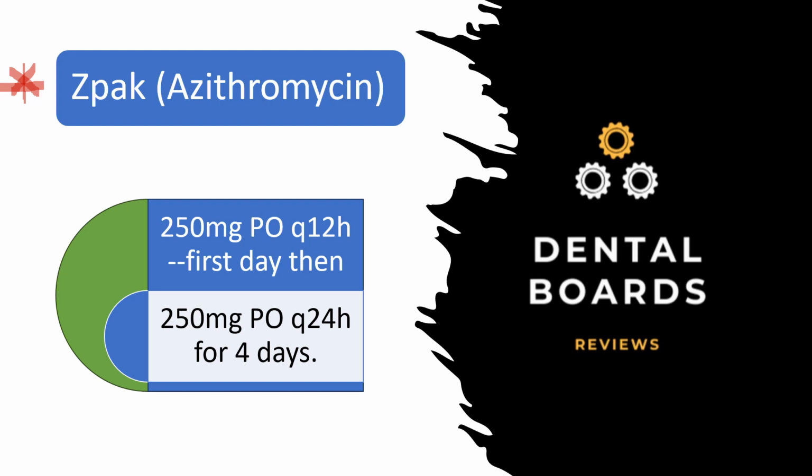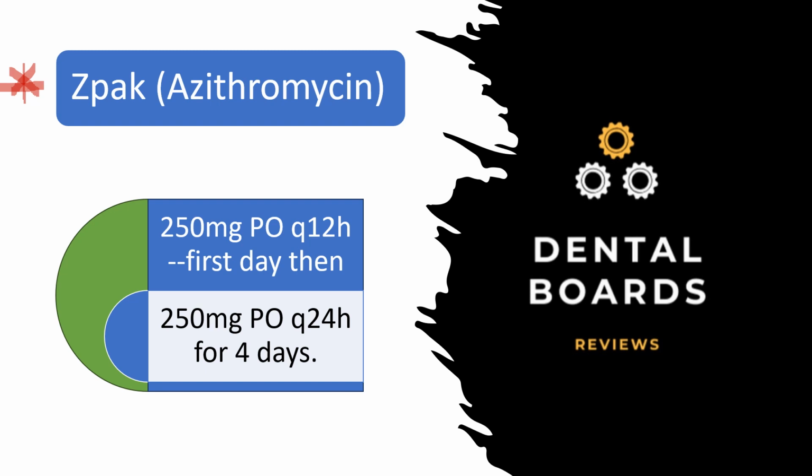So they take 250 milligrams by mouth twice daily for the first day, and then after that they take 250 milligrams by mouth every day, so 24 hours for 4 days. Okay, and this is very good in patients who are allergic to penicillin. So you can use Z-Pak. Z-Pak is a macrolide. Okay.